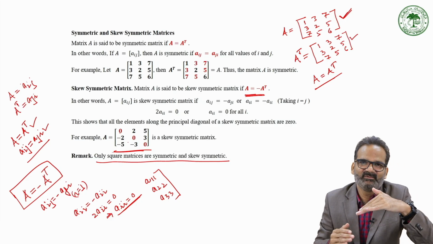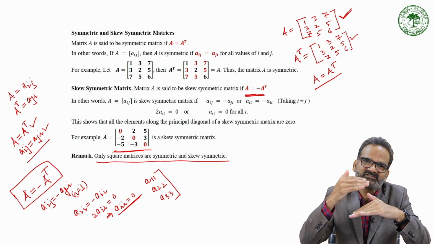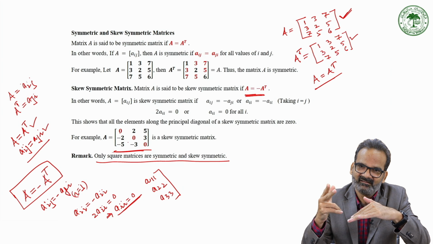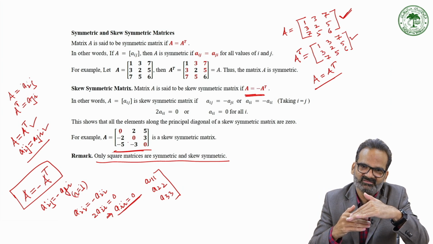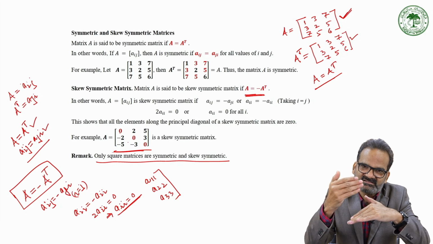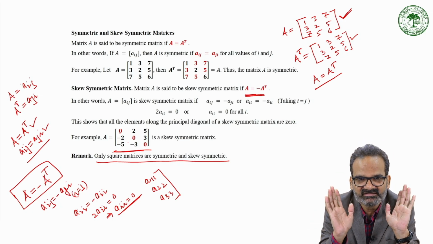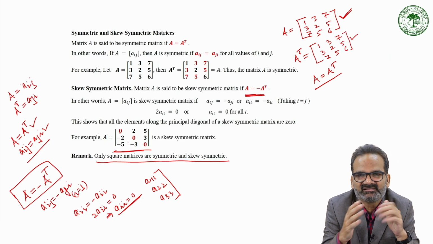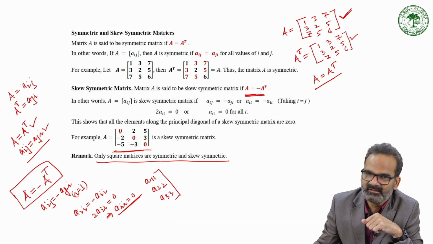Means if the elements above the diagonal are all positive and the elements below the diagonal are all negative, but the magnitudes are the same, and vice versa, then such matrices are known as skew symmetric matrices.